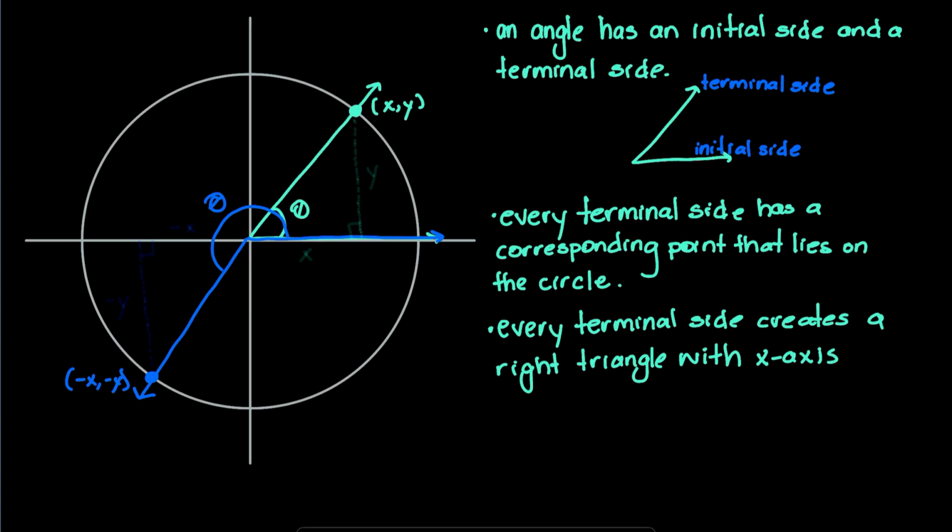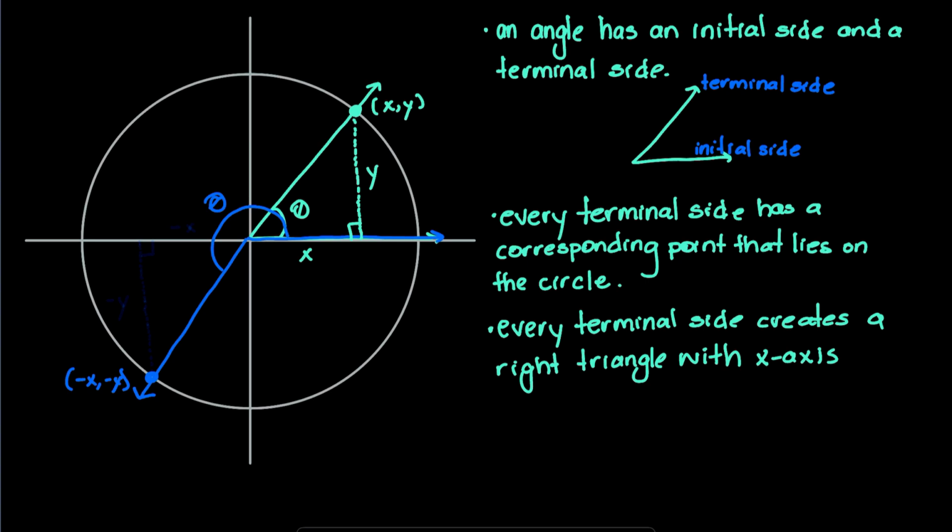So again, if we look at our first angle, if I go from the point that intersects with the circle and I come straight down to the x-axis, I've now created a right triangle whose height is whatever that y value is and whose base is whatever that x value is.